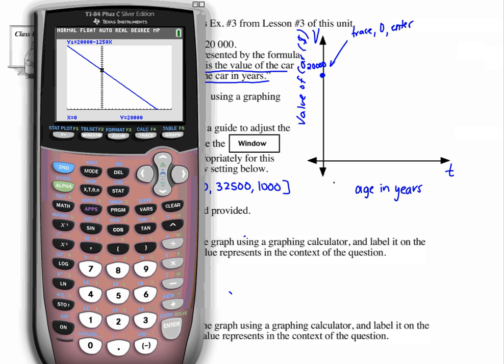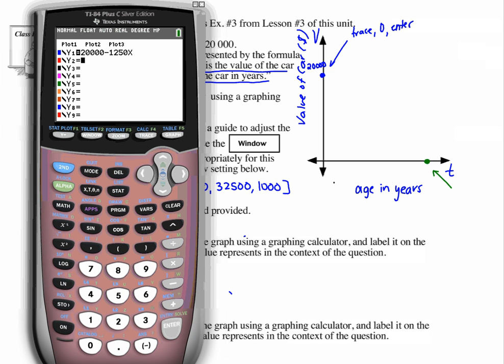Okay, 20,000. And then how do I get the x-intercept? Before we go second trace, which you're right, we do want to do, we have to do something first. Go to y equals. Y2 is going to be, what's your y value at an x-intercept? 0.